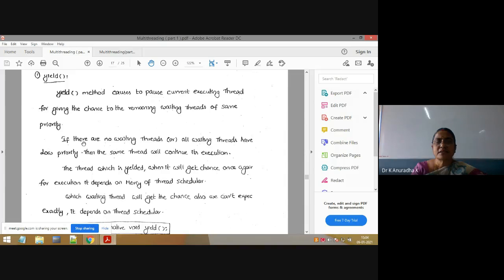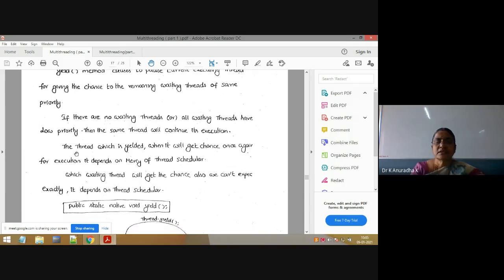Next, if there are no waiting threads in the waiting queue or all the waiting threads have low priority, then the same thread will continue its execution. Next, the thread which is yielded, when it will get the chance once again for execution, depends on the mercy of the thread scheduler.